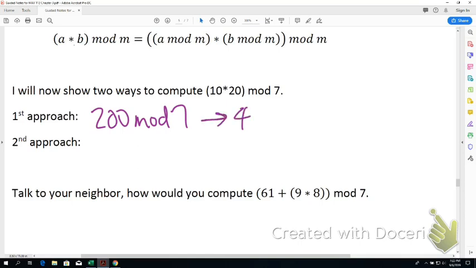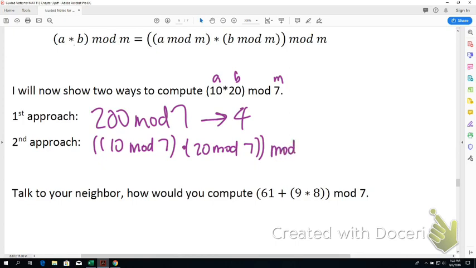So what would be the second approach? Using the theorem that's stated above here. So this is our A, this is our B, this is our M. So double parentheses, 10 mod 7, close parentheses, times 20 mod 7, double parentheses there, mod 7.